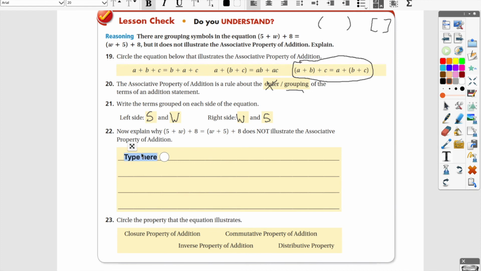I'm going to say because it doesn't change the terms grouped, but instead just changes the order in which they are presented.